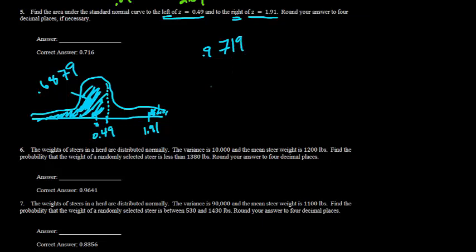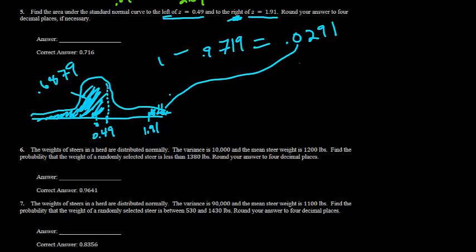But that's the left-hand side of 1.91. We want the right-hand side of that. So we take 1 minus, and we get 0.0281, which means that this guy represents the area on this side.